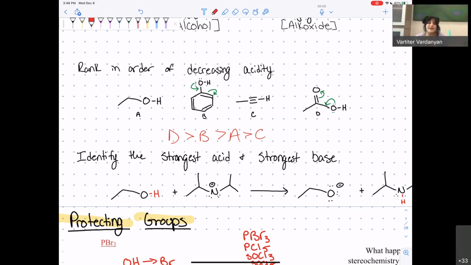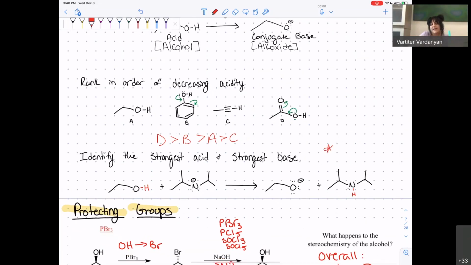So identify the strongest acid and strongest base. This is really a concept question. They want you to know that more electronegative equals more acidic, less basic. So between the O and the N, the O is the better acid, the N is the better base.